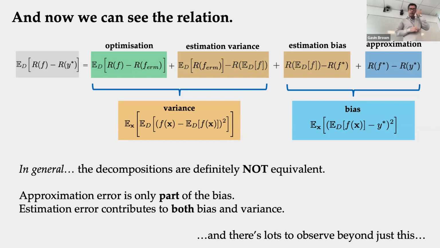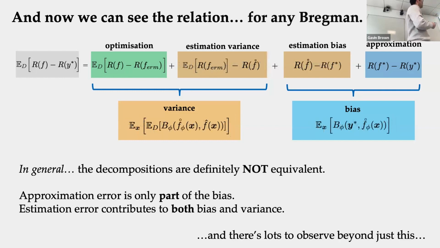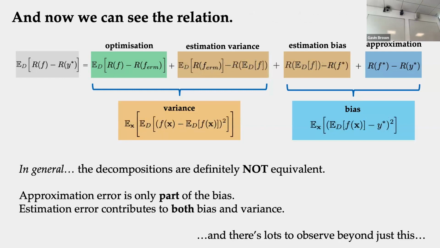And as I said, this holds for any Bregman divergence. That is a much, much wider class of losses beyond squared loss. So this is the squared loss decomposition, and there's a subtle change to any Bregman divergence. The only terms that changed are inside the estimation error term. I can switch it back again.